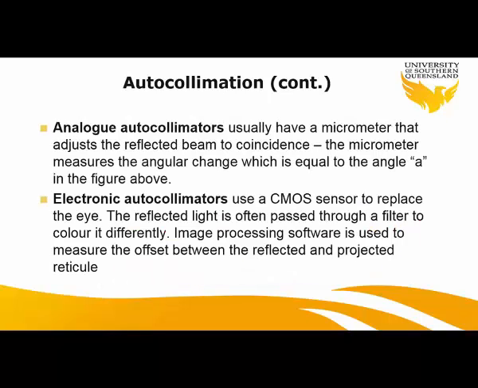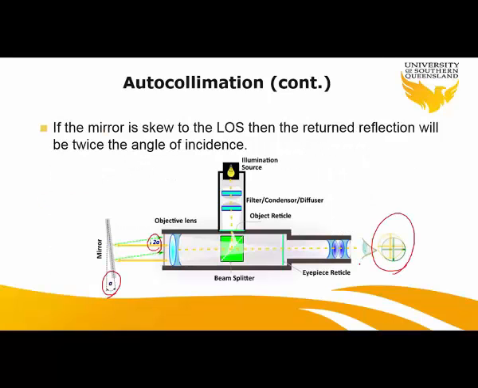We do have two types of autocollimator. The analog one that you look through, like an optical piece or eyepiece, and then you find the changes in the reticles, the one from the object and the one reflected back from the mirror. And we also have the electronic autocollimator, where rather than having the eyepiece here, we have the camera.